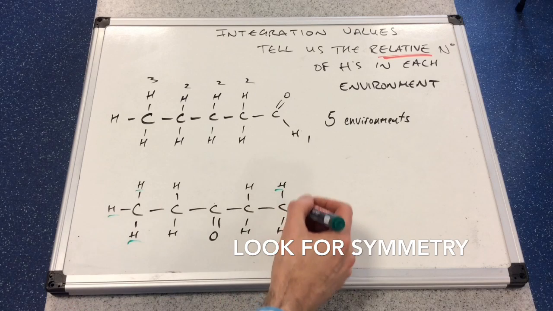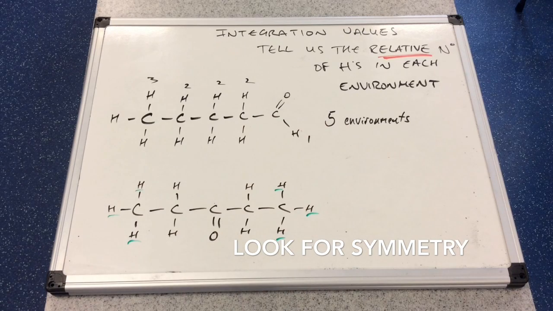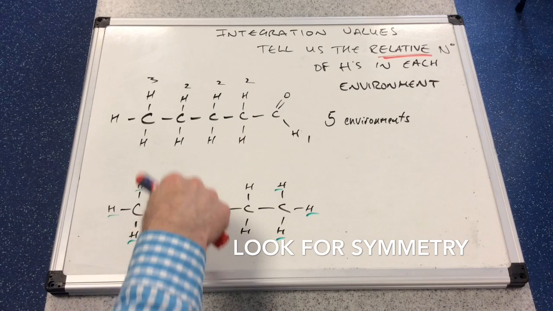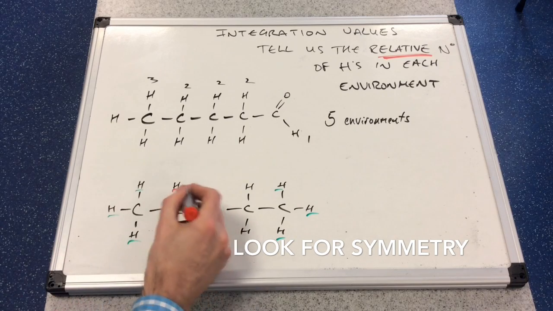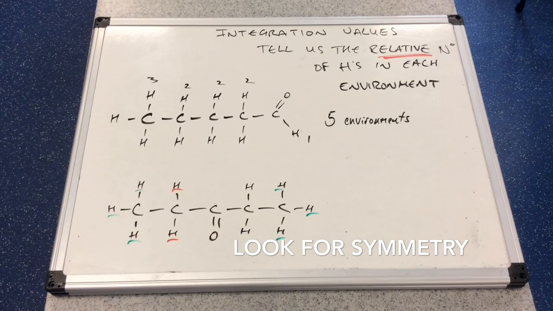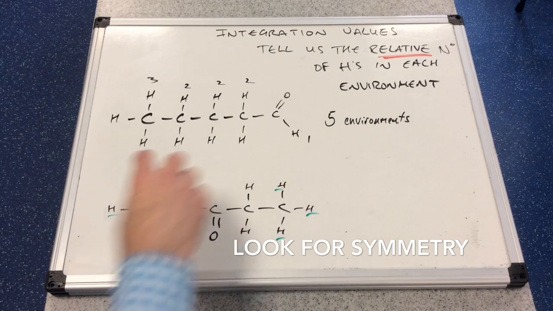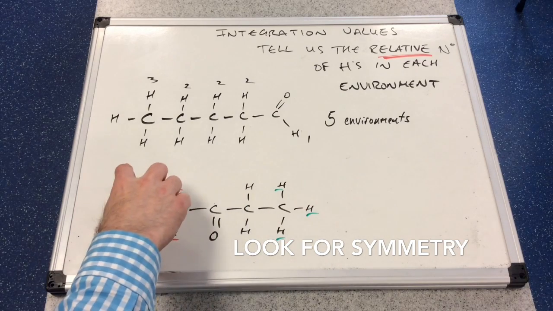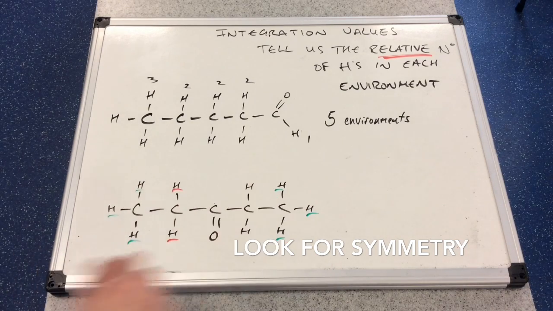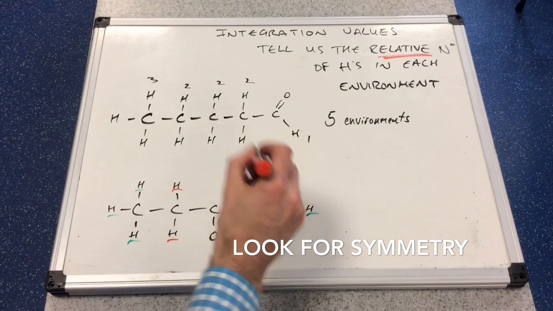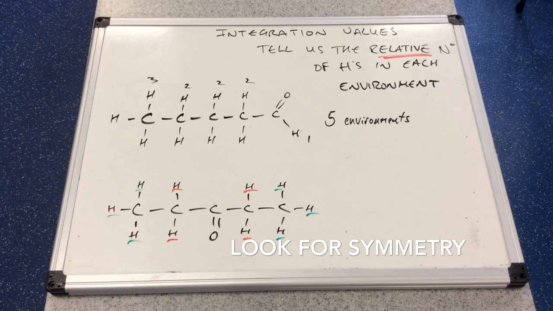Of course they are, so we'll go for green for those. And then the hydrogens on the CH2 groups, we'll go for red for these. And are they in the same environment as those? Well, look at what's bonded to the left, look at what's bonded to the right, and of course they're equivalent as well. So we've got 2 environments.